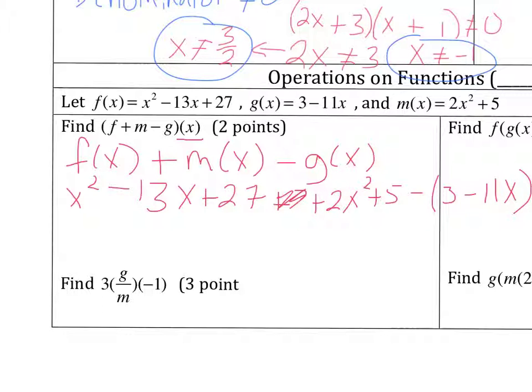If I combine stuff, I get 3x squared. I've got minus 13 minus negative 11, which is minus 2x. And I've got 27 plus 5 is 32. Minus 3 is 29.